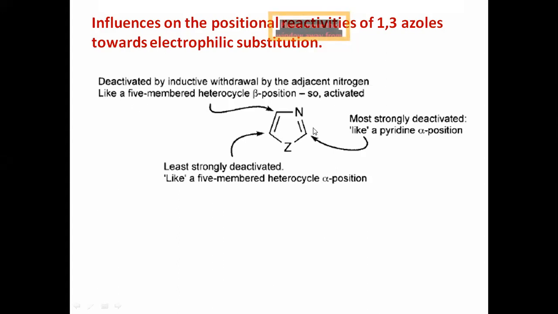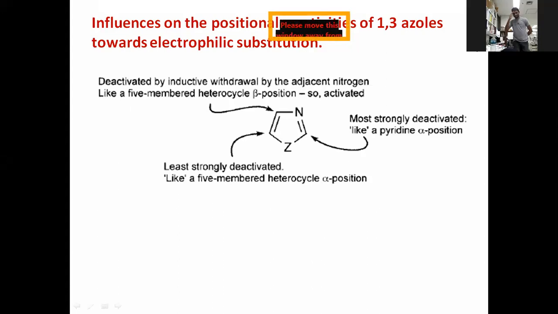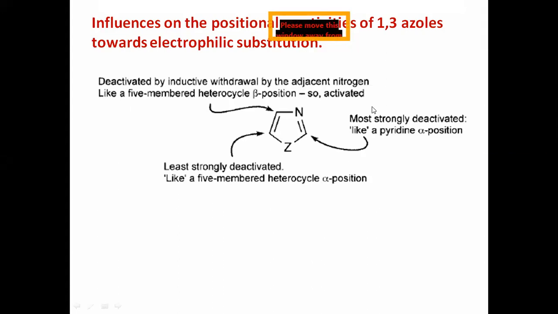especially in a five-membered ring. See, deactivated by inductive withdrawal by the adjacent nitrogen, like a five-membered heterocycle, the beta position is activated. And if you go for carbon number 2, it is the most strongly deactivated, like a pyridine alpha position.